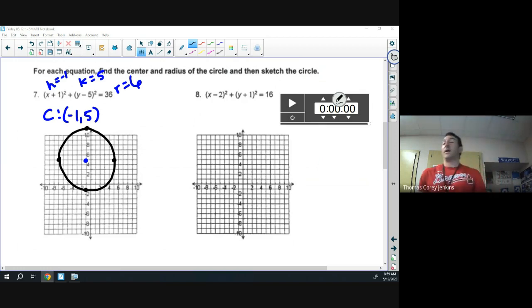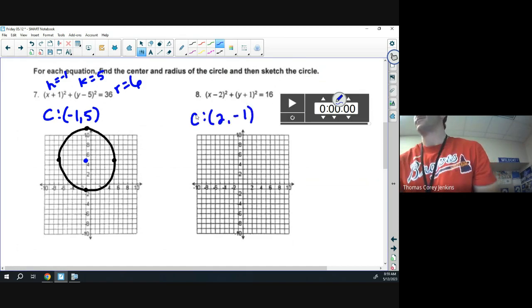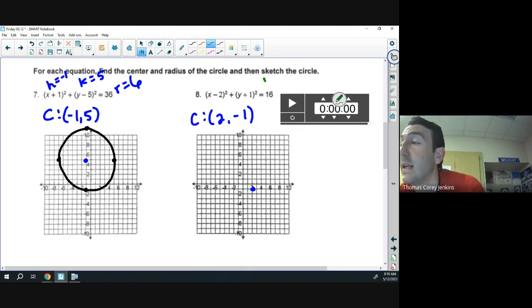All right, so we should have had here, our center was at 2, -1. So go ahead and put that on there, 2, -1. And then our radius is not 16, but 4. So we count 4 in all directions. So we got one at 6, -1.